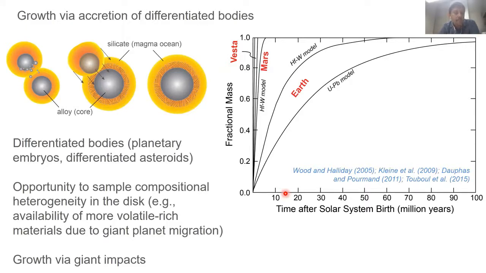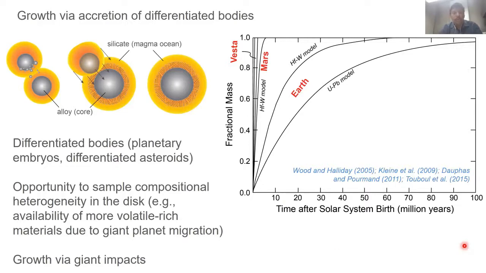The Earth then had the opportunity to sample compositional heterogeneity in the disk. Meaning it could accrete a protoplanet or a planetary embryo that sourced materials from different parts of the disk, and accordingly may have had a very different chemistry of the core and quite a different chemistry of its mantle itself. So we started to take into account growth of Earth via giant impacts, right?